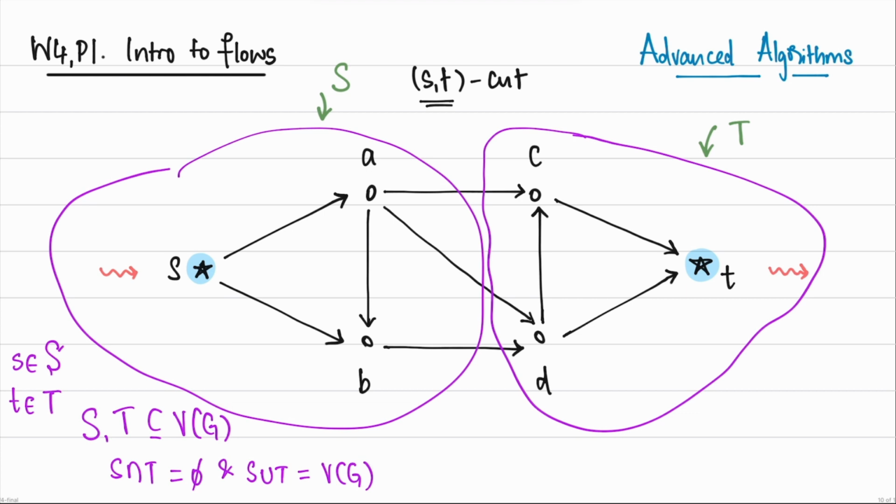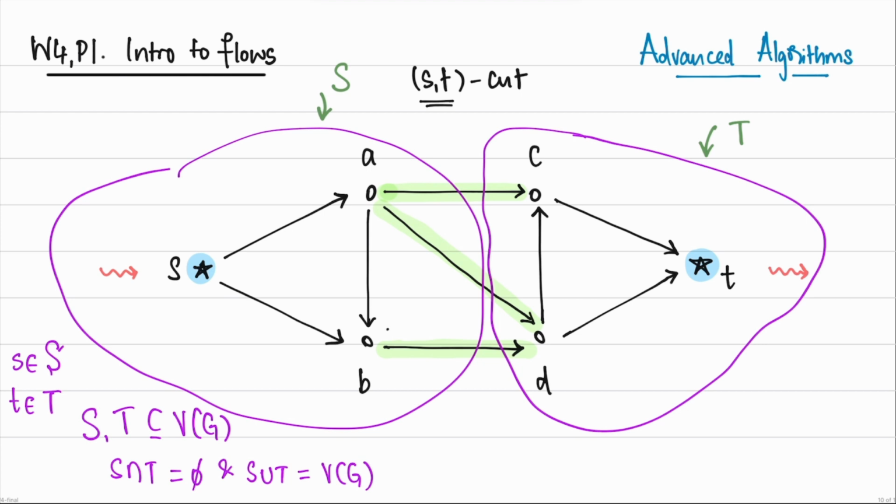Okay, but the edges that belong to the cut are really what interest us. So let's focus on the edges that have their endpoints in S and T, and in particular, I want the head of the edge to be in S and the tail to be in T. I wouldn't care so much about edges that are coming back the other way.